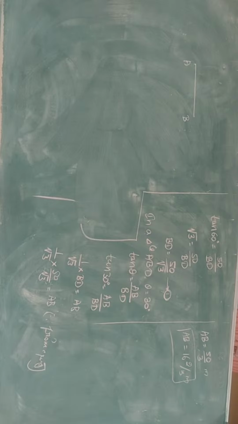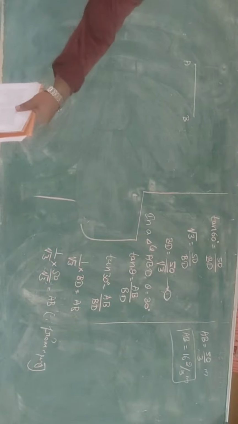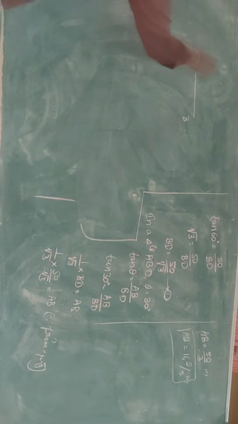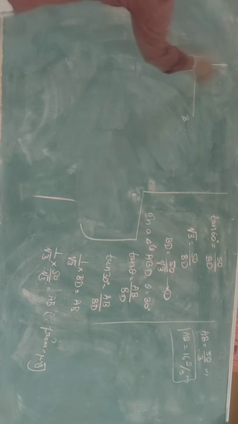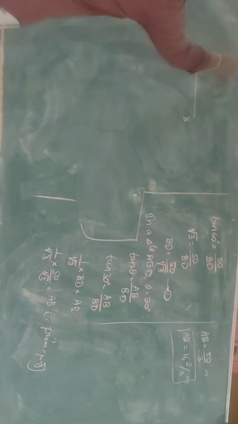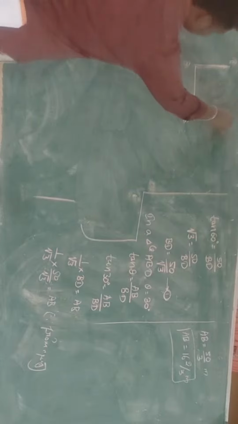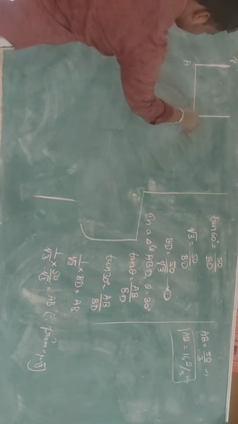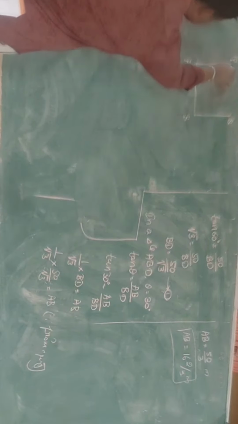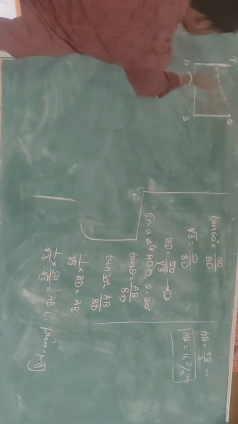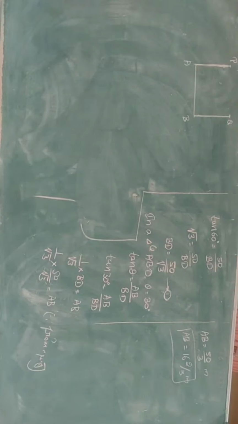Either side means left side and right side of the road. So here AP is one pole and here BQ is another pole. These two poles of equal heights are standing on either side of the road. AB is a road.